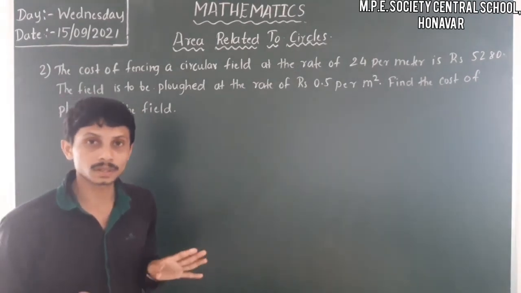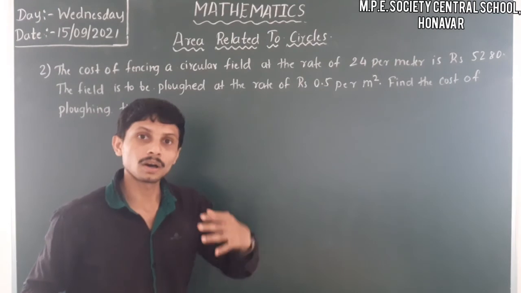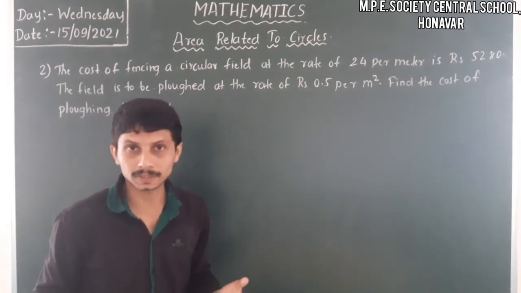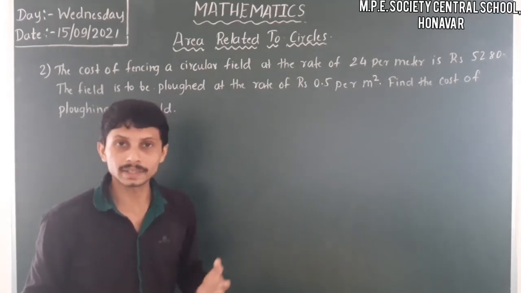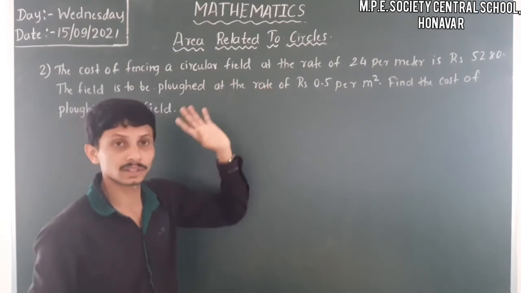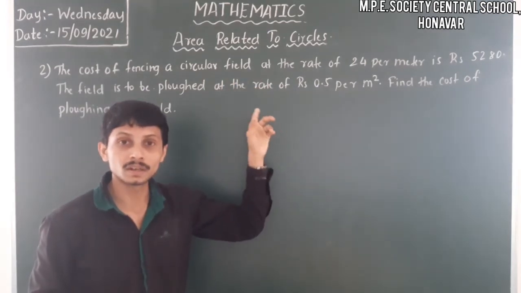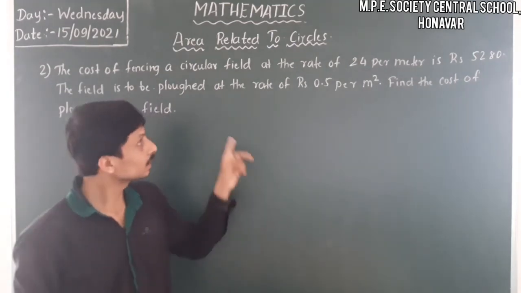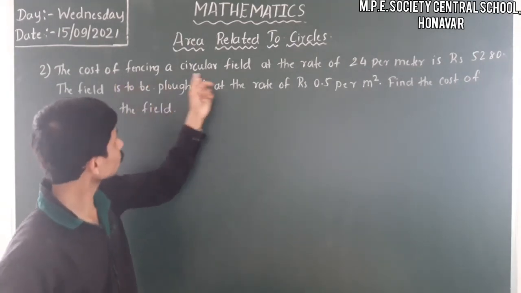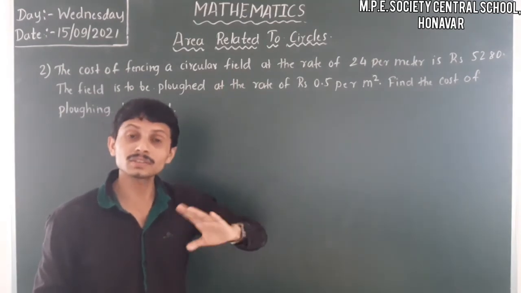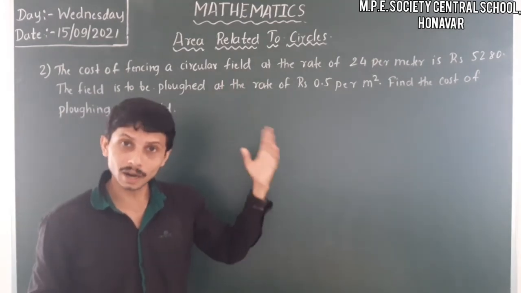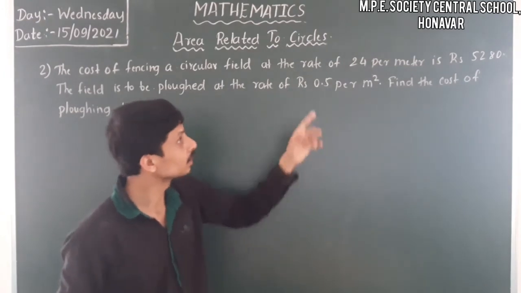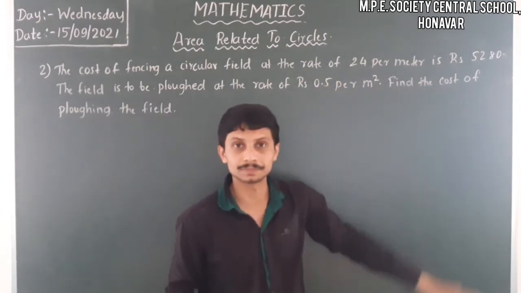So here just observe, for finding the area or the circumference, we want a radius. Already it is given that it is a circular field, but the radius is not given. Firstly we have to find out the radius. Just observe, it is given that the cost of fencing the circular field, not the length of the circular field. So we have to find out the length of the circular field using this information.